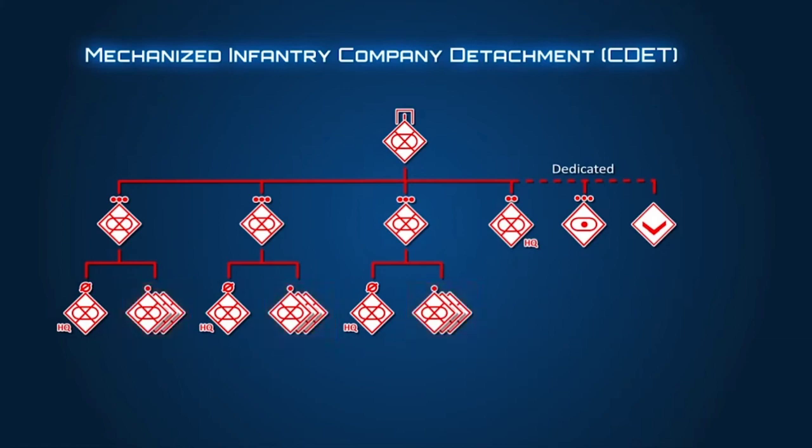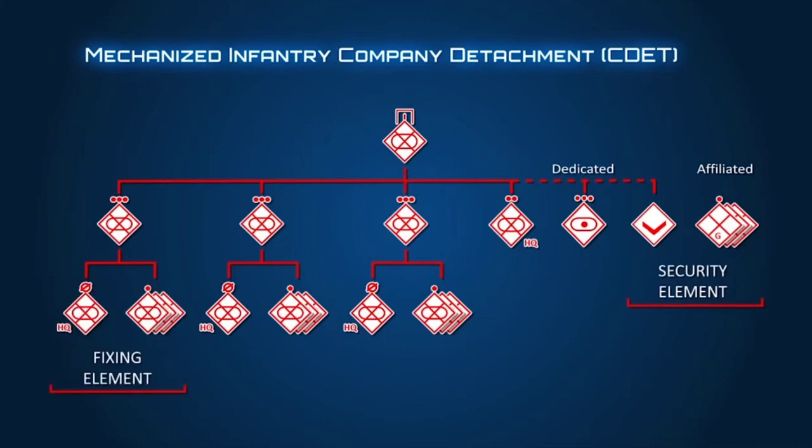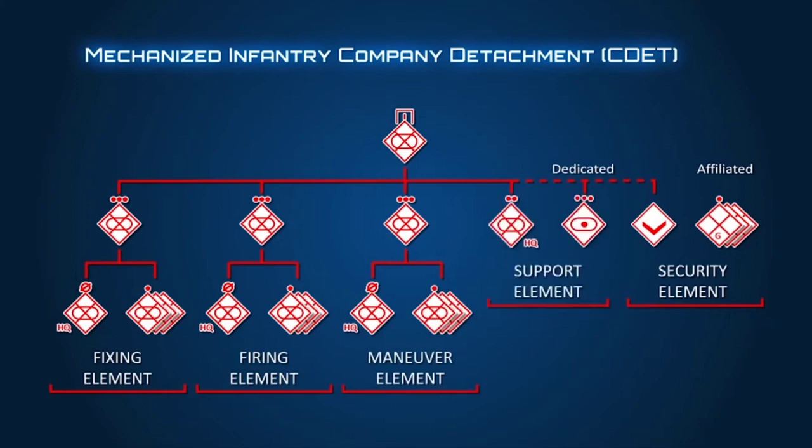Brigade has dedicated the following enabling elements: 1 SUAV and 3 2S91 120mm self-propelled gun mortars. Additionally, 3 affiliated guerrilla elements have agreed to act as security. The CDET is functionally organized into security elements, a fixing element, a firing element, a maneuver element, and a support element under CDET commander's control.